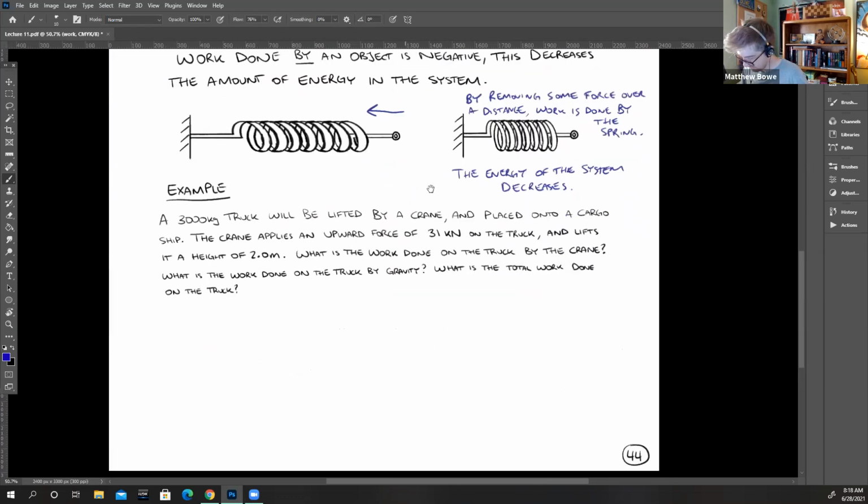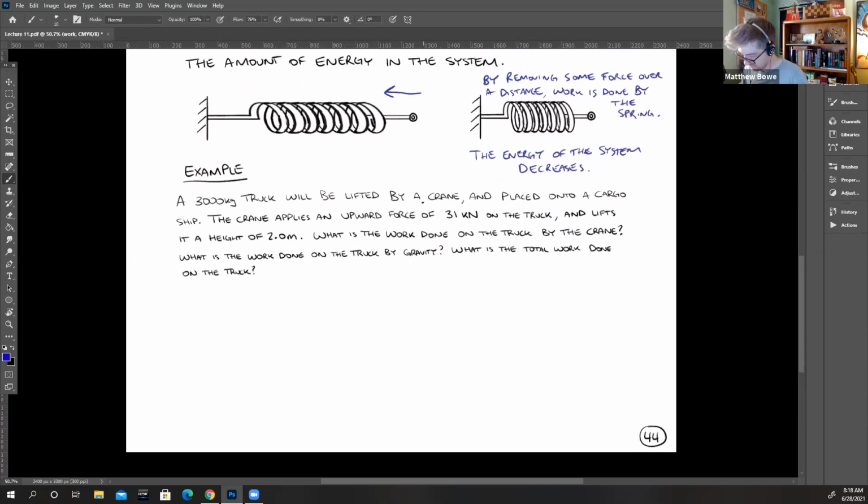Let me go down here. And first off, you can always draw a free body diagram to begin with. Picture, or just go right into the free body diagram. We'll make this one just a cube.